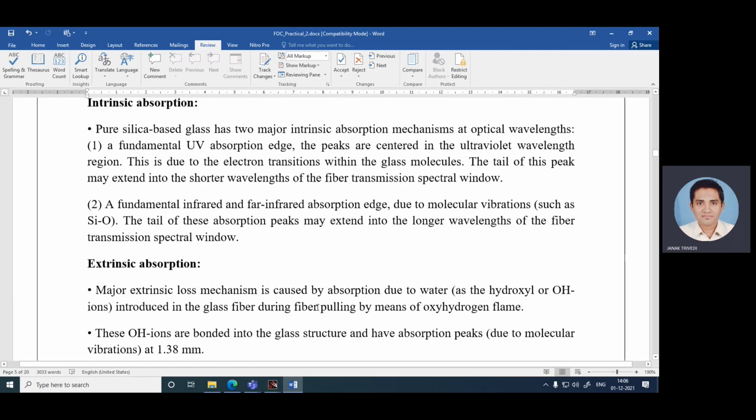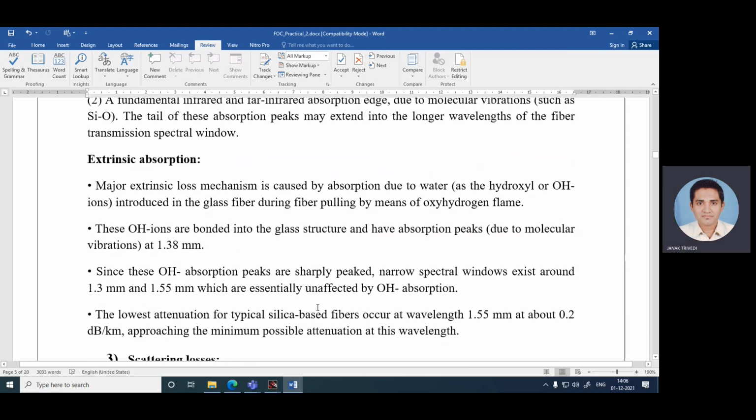Extrinsic absorption. Major extrinsic loss mechanism is caused by absorption due to water as hydroxyl or OH ions introduced in the glass fiber during fiber pulling by means of oxyhydrogen flame. These OH ions are bonded into the glass structure and have absorption peaks due to molecular vibration at 1.38 micrometer.